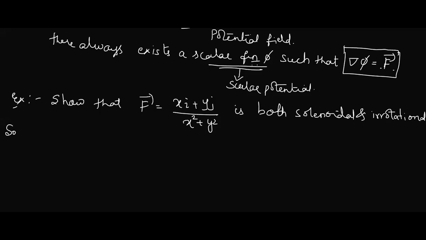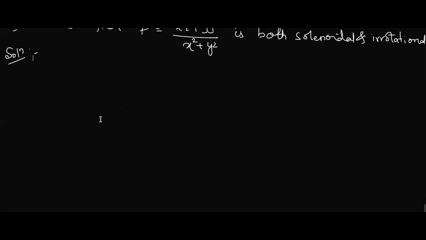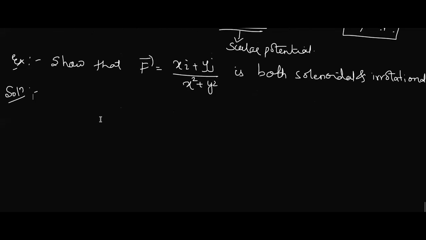First, we have to show that f is solenoidal. What we have to show, which implies that it is solenoidal? Divergence of f. Take divergence of f. Divergence means we take the dot product with del.